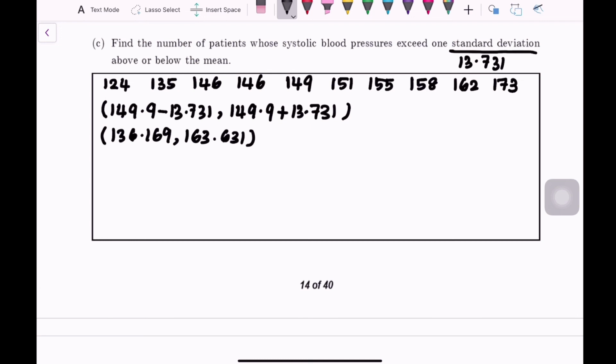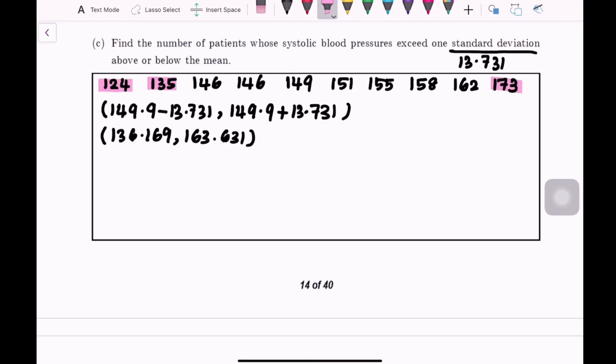We can see here the number of patients with systolic blood pressure outside the range is 3, which are 124, 135 and 173.